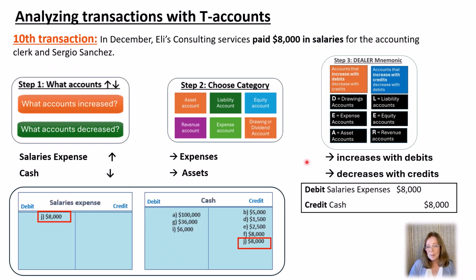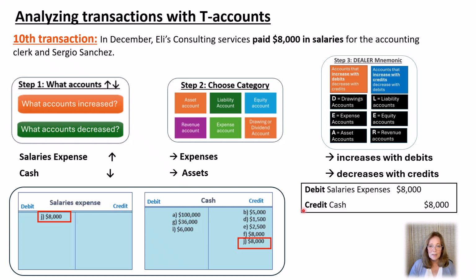The business's expenses increase, so that means we need to debit salaries expenses for $8,000. The cash account decreased. Cash is an asset, and assets, according to the DEALER mnemonic, increase with debits and decrease with credits. In this case, cash decreased, so we have to credit cash for $8,000.